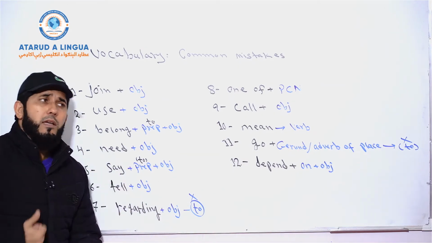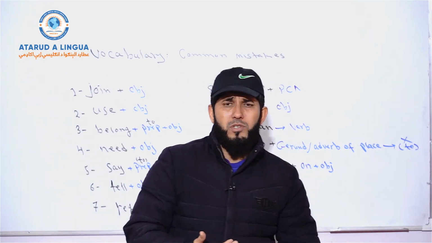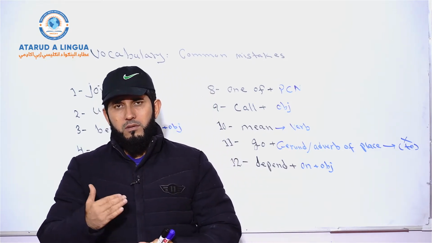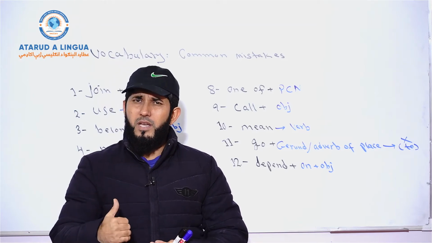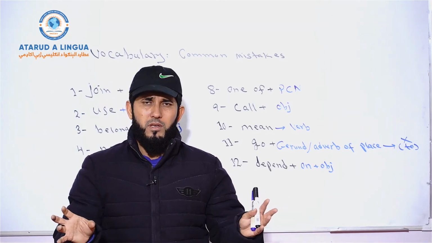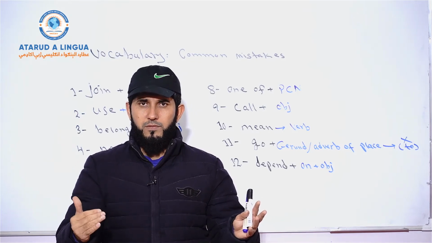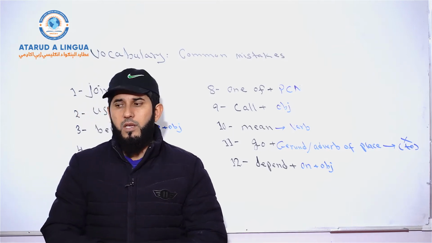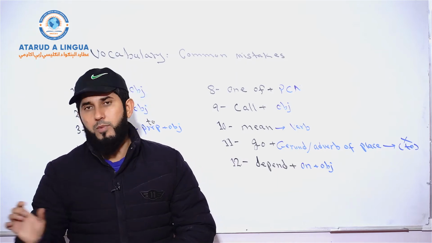The need, again, maybe in other languages as well, but in our languages over here in Afghanistan, Pashto and Dari, there is a preposition when we use need as a verb. But in English, we do not need a preposition. We do not say, "I need to a marker," "I need to a book."